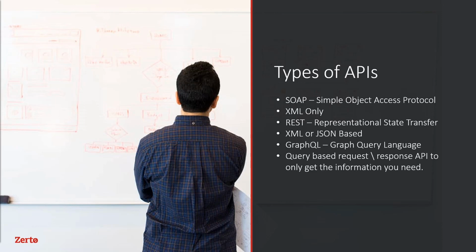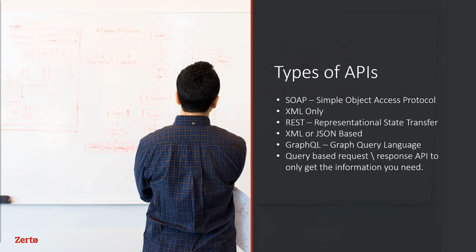So no matter what language of choice you want to work with, a lot of the APIs will give you that choice. Some of them are going to dictate JSON just because of the server structure behind, or some of them are going to dictate XML. Again, refer to the API documentation to really understand the language that you're going to be working with, and if it is XML or JSON based.